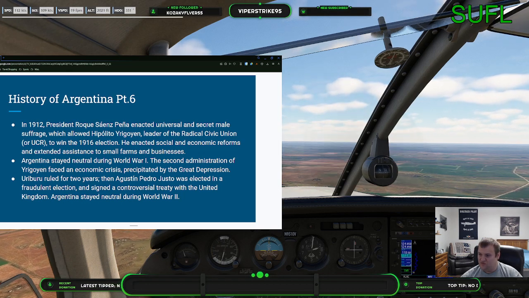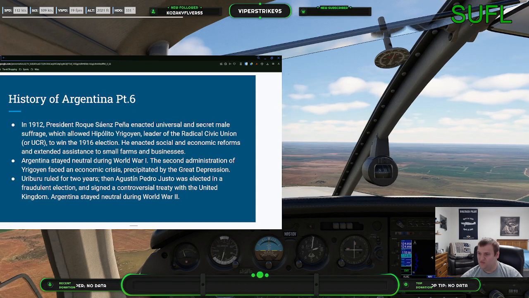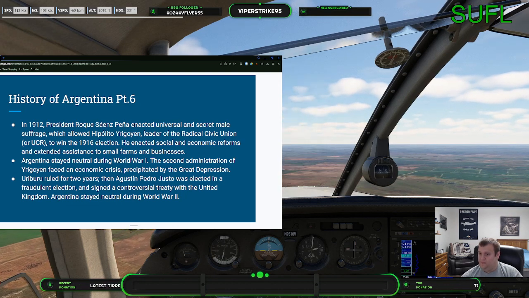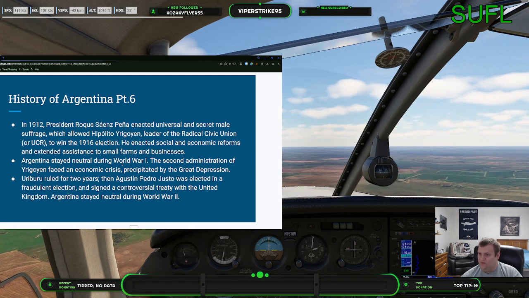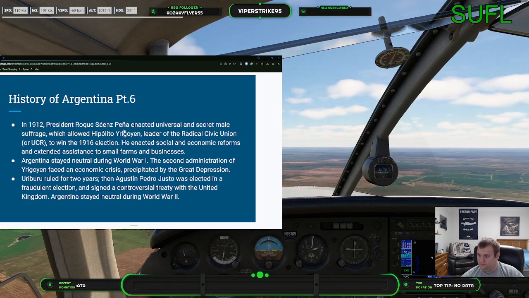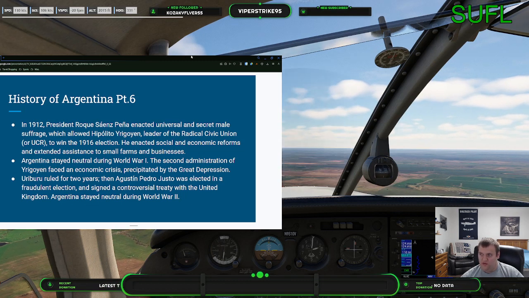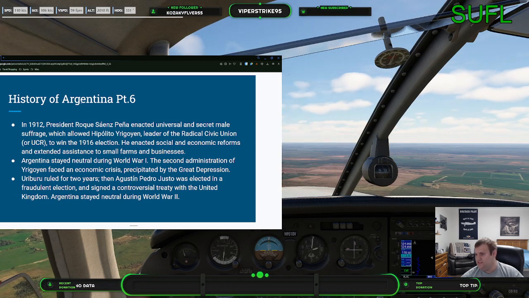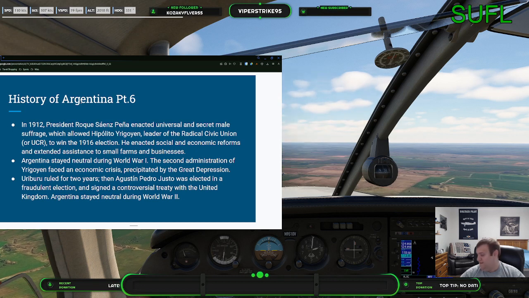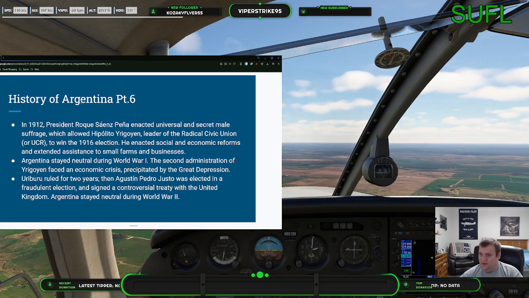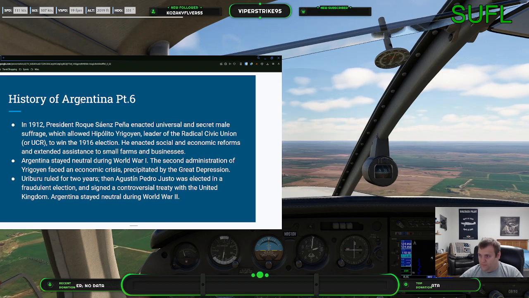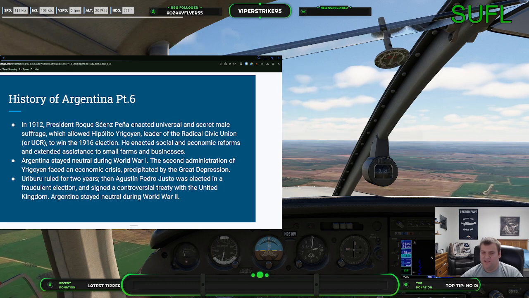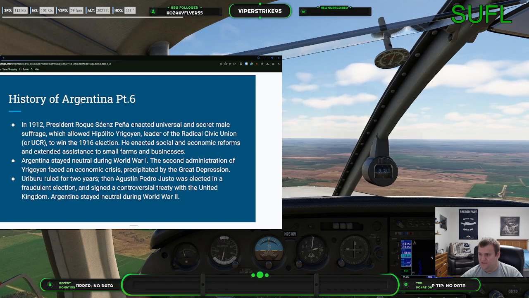And Argentina also remained neutral during World War II. However, one of the more morbid and darker things about Argentina was that lots of Nazi fugitives made their way over to Argentina through the rat lines, and the government secretly allowed a lot of Nazi criminals to flee Europe.